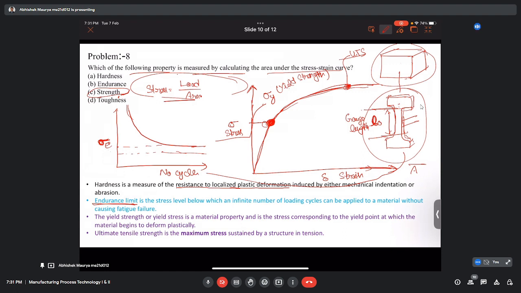So basically the core material starts deforming plastically, not just some localized region. And this ultimate tensile is the maximum value of the stress, and this word tension is very important. So maximum stress during the tension, that is the ultimate tensile stress.